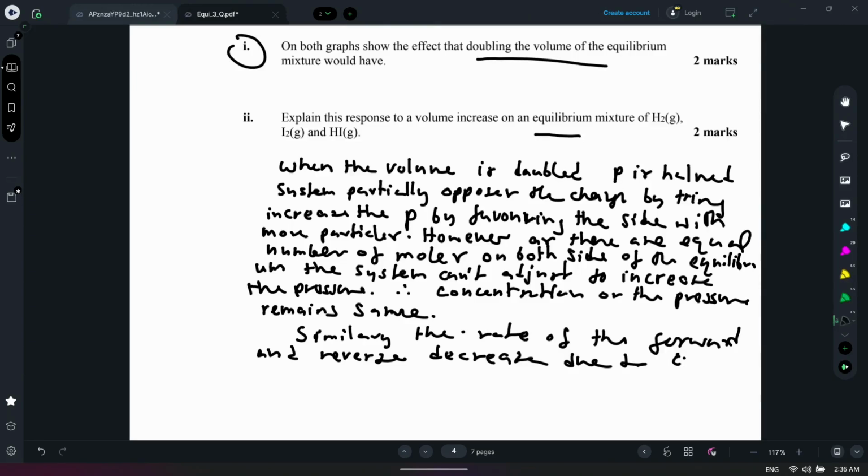So what will happen in terms of the rate? You have to say the concentration of the reactant particles decreases. This decreases, but there is no change in the equilibrium position.